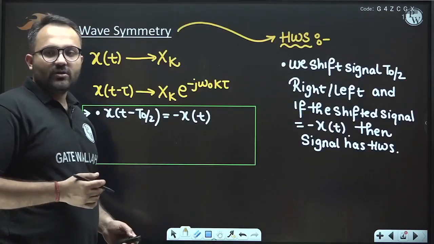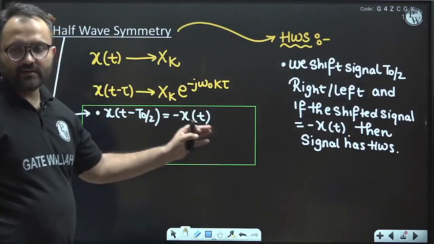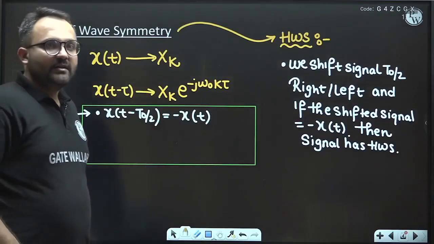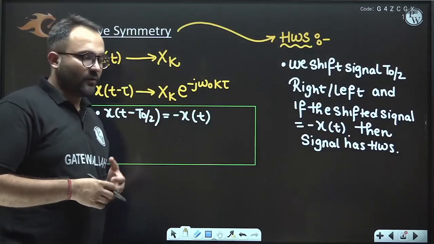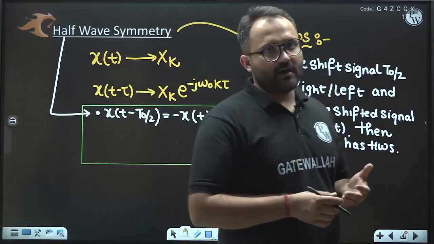We have seen what is half wave symmetry. Now let me tell you what is the importance of half wave symmetry, that is, what can we actually determine from half wave symmetry.